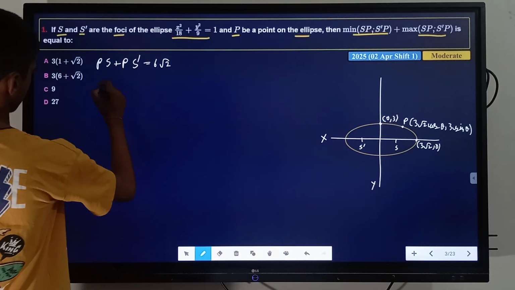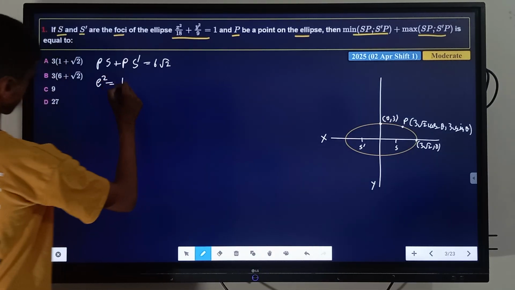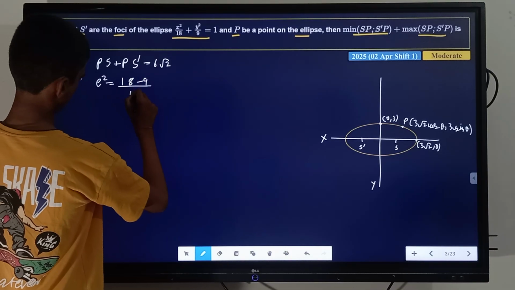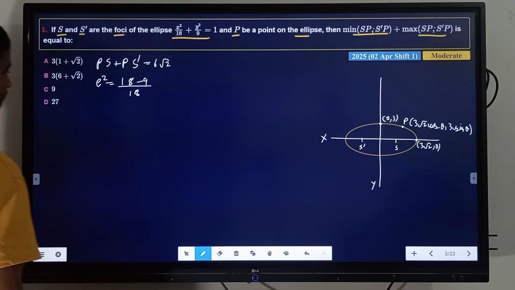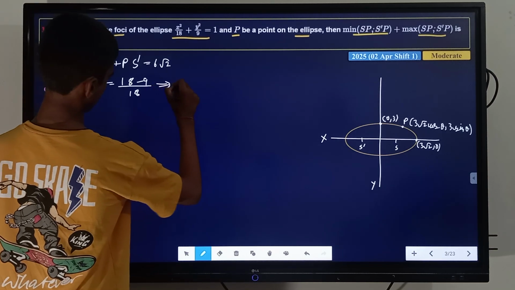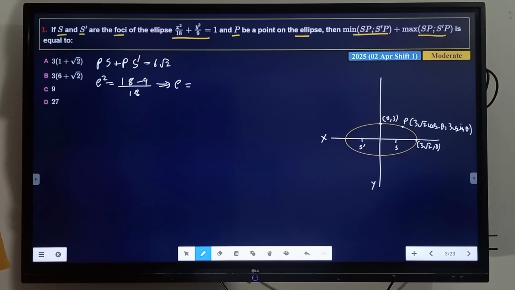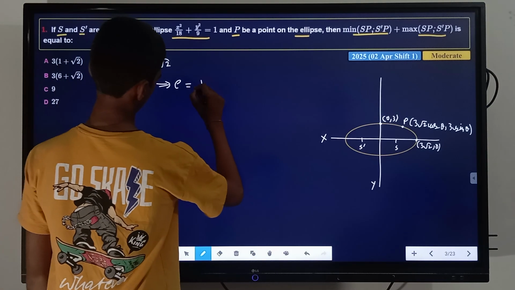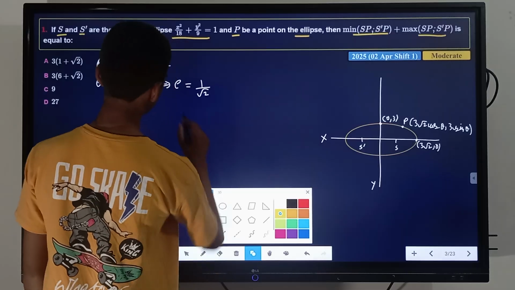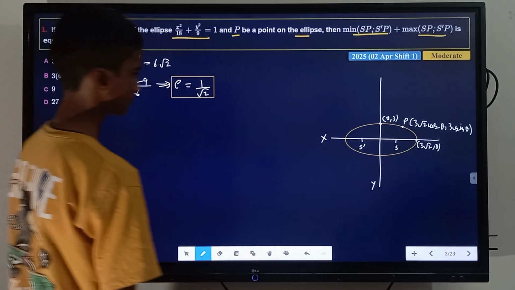For that, let's first find eccentricity. e square is equal to 18 minus 9 upon 18. From here, we will get e is equal to under root of 9 upon 18, 1 upon 2. e is equal to 1 upon root 2.